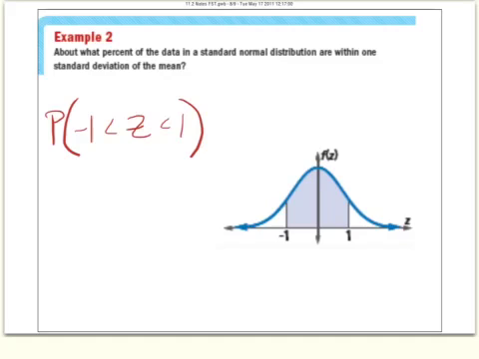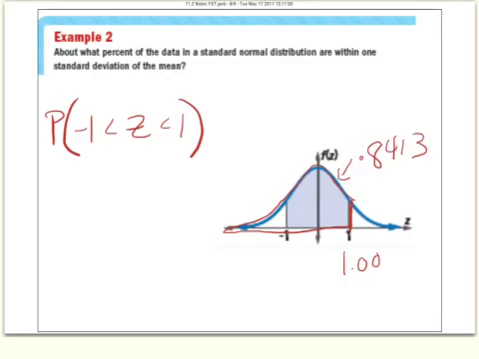Here's what the graph looks like. And figure it out. There's many ways to do this. Here's one way. If I go to the table on z-scores and look up the area under the curve, if I look up 1.00, you're going to see that the area under the curve for 1.0 is 0.8413. It gives me this all the way to the tail end. So that's 0.8413.